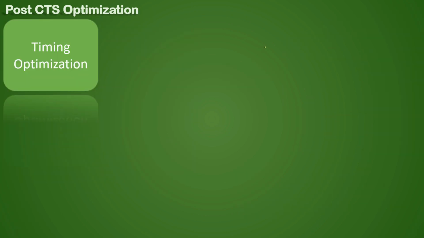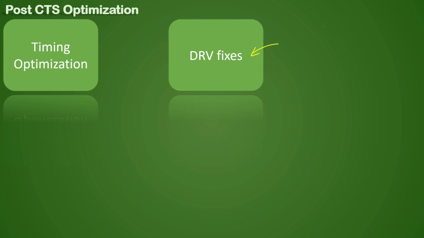Now apart from timing optimization, the tool also does the DRV fixes on the clock path. These are clock DRVs, that would be your clock transition violation, clock capacitance violation and fan out violation. These are typical clock related design rule violations which the tool will try to fix during the post CTS optimization.